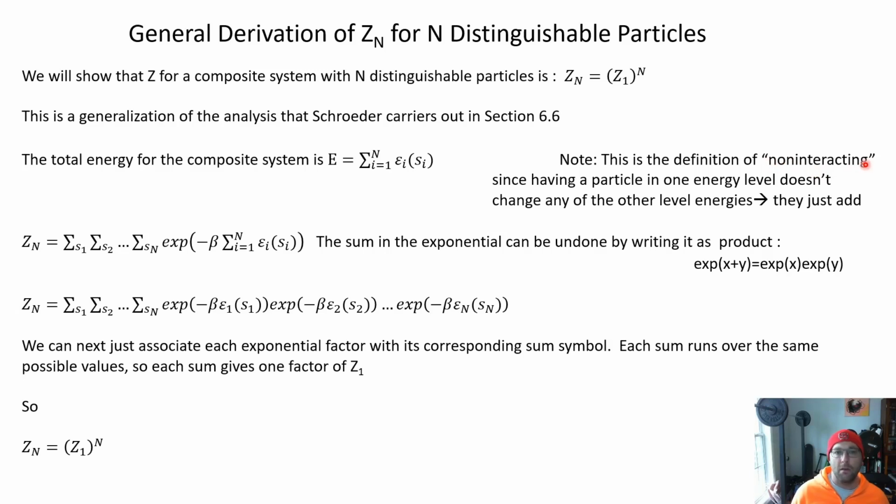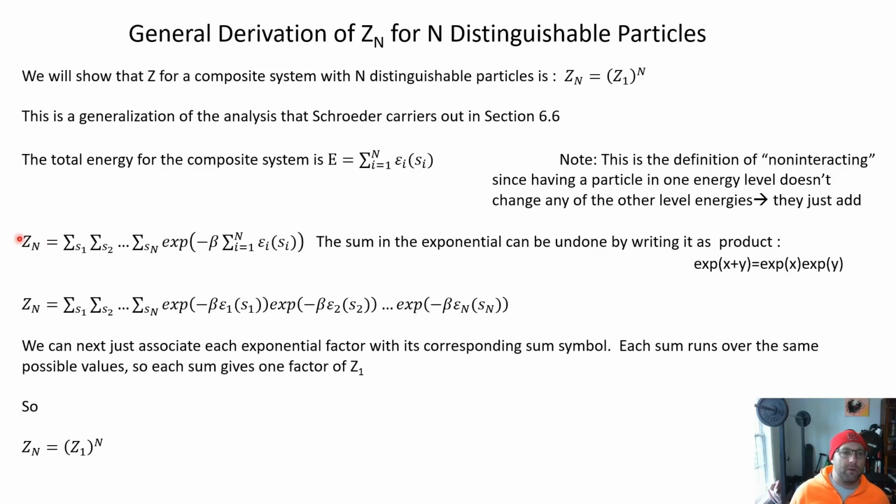Non-interacting means when you put a bunch of particles into the levels, they don't talk to each other. In other words, they don't change the levels by their very presence. So if you have a particle in one energy level, it doesn't change any of the other energy levels. And so you can just add them up without worrying that they would change one another by interactions. All right, so this is actually really quite important. If you do have an interacting system, this simple sum will not be true, and you'll lose a lot of important results.